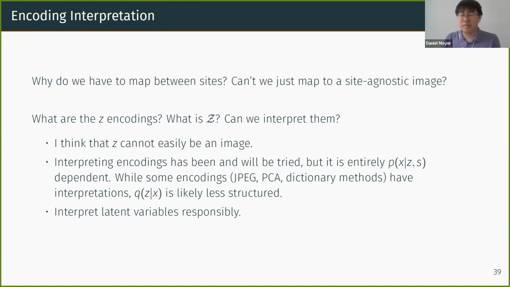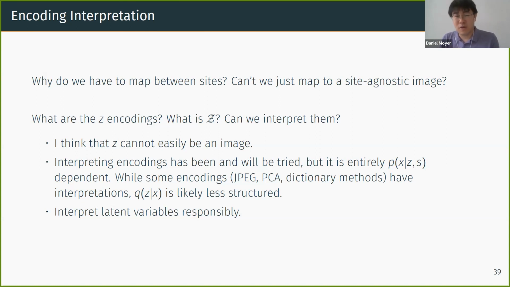My answer to this is probably no, because there's probably never been an image that hasn't been taken with a camera, or in this case, an MRI machine. All the MRI images we've seen have MRI machines. So it's unlikely that the quotient over the site variable S is still an image.